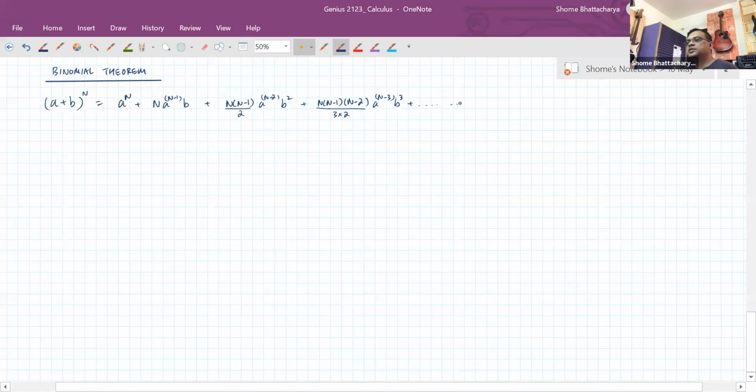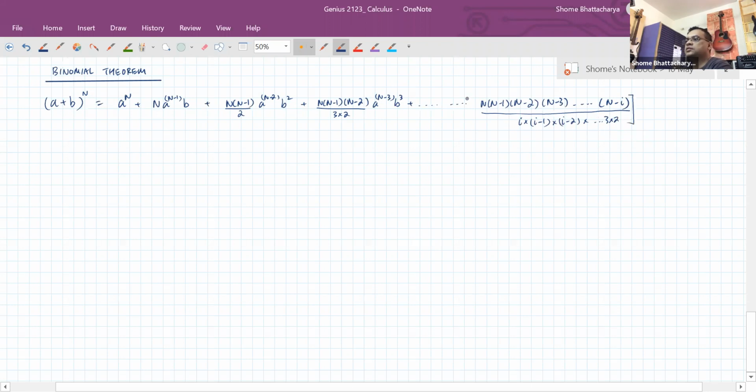So the general expression of the series is that this will be n into n minus 1 into n minus 2 into n minus 3 going up to some term n minus I, let's say, divided by I into I minus 1 into I minus 2 and so on, all the terms down to 3 into 2. Okay.